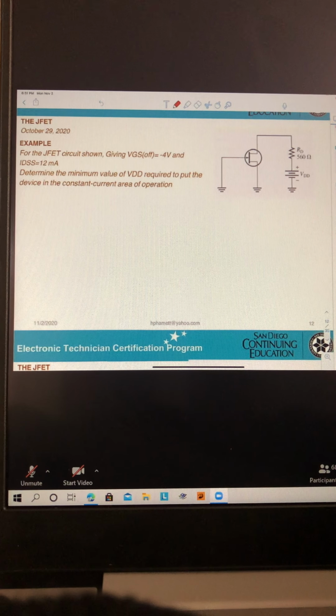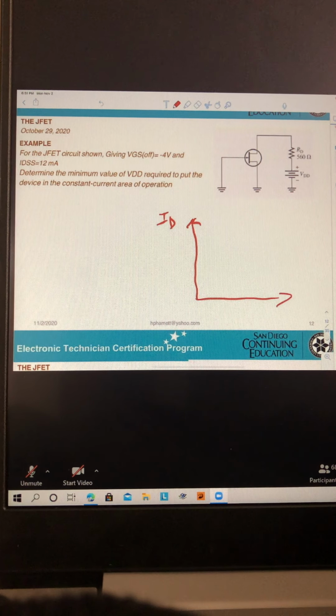Can you do it? Like we already told you, this is ID and that is VDS. What voltage here? VP. Perfect.